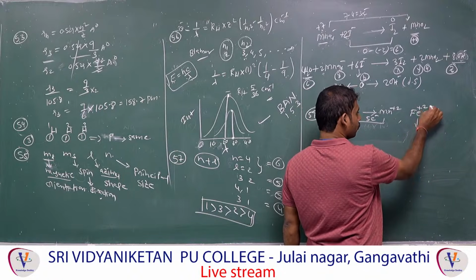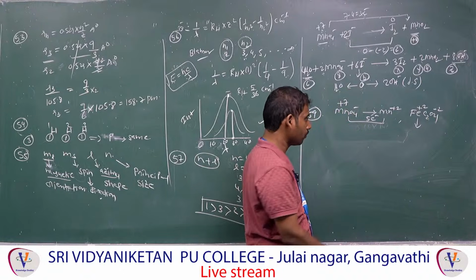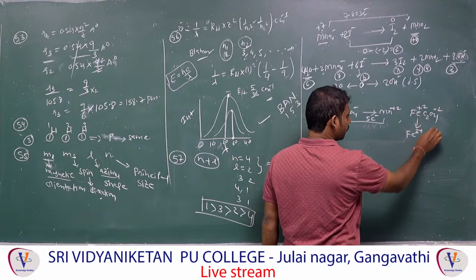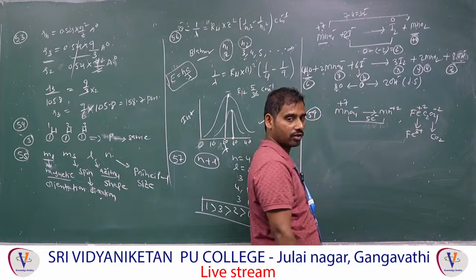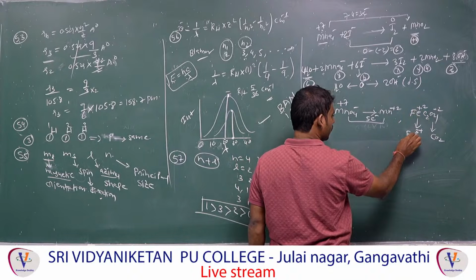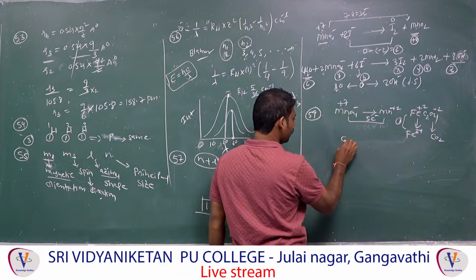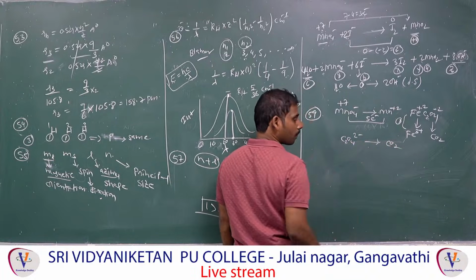Here Fe is in the form of plus 2, C2O4 in the form of minus 2. Fe plus 2 is converted to Fe plus 3, and C2O4 minus 2 is converted to CO2. What is the oxidation state change? Fe2 plus to Fe plus 3, that means 1. Now C2O4 2 minus goes to CO2.